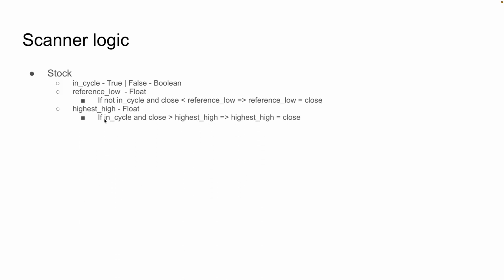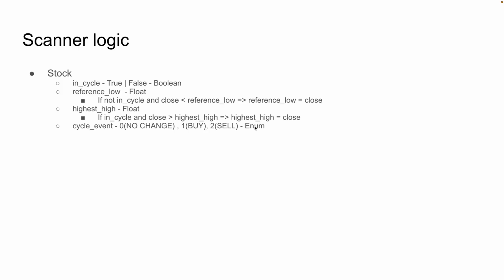When the stock is in cycle, meaning it has given a buy signal, I need to track the highest high that it has made. So if it is in cycle and the close is above the previous highest high, then today's close becomes the new highest high. Simple.